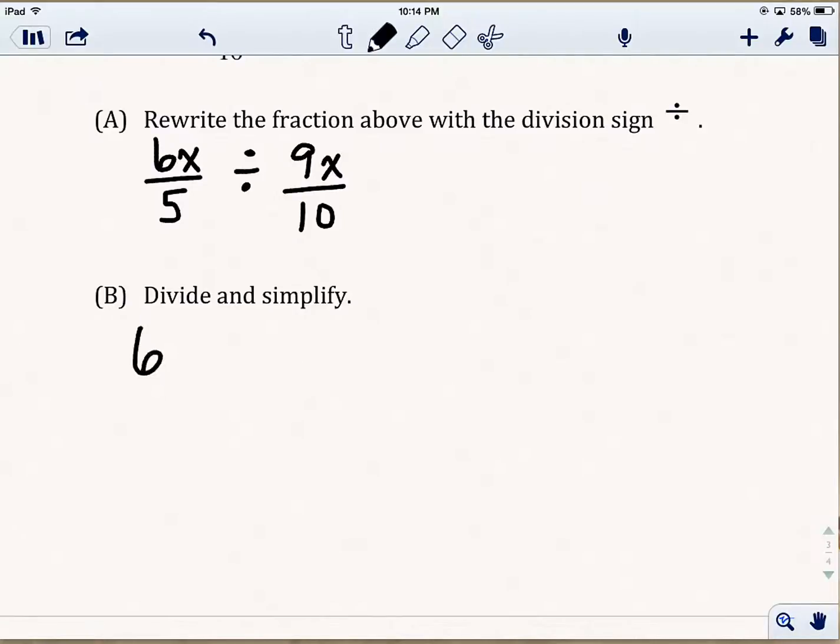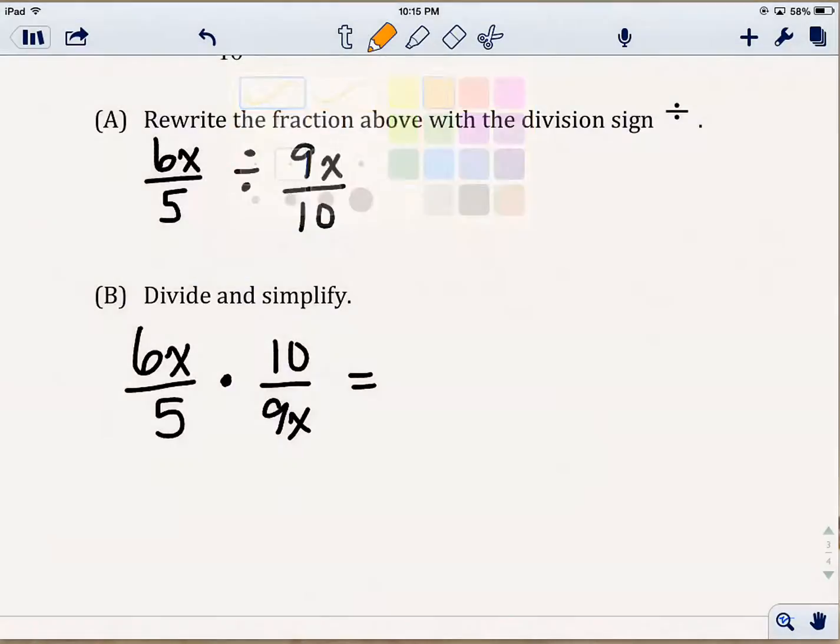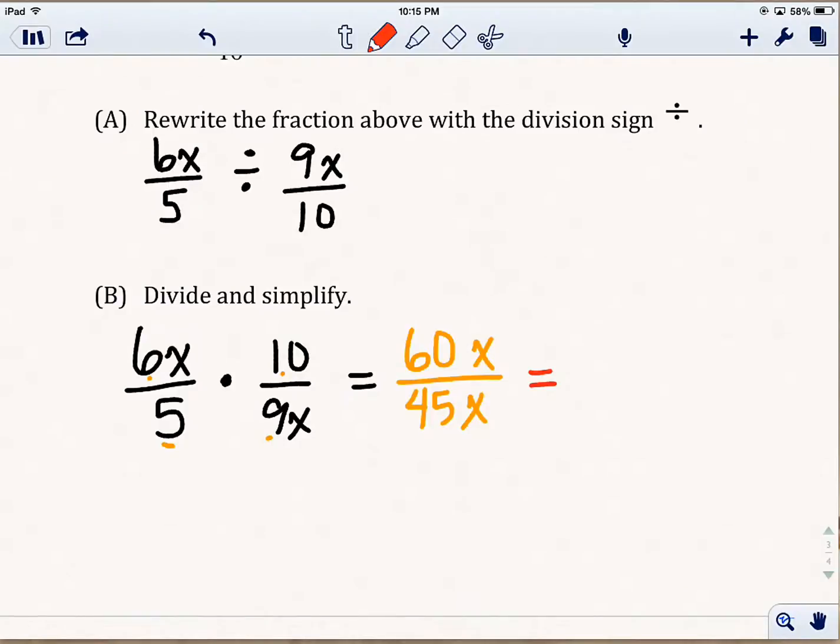So the rule for division by fractions is I multiply by the reciprocal of what I'm dividing by. So instead of 9x over 10, I have times 10 over 9x. So I'm going to multiply this. 6 times 10 is 60. X divided by 5 times 9 is 45x. So now I want to simplify this. I want to look for common factors, just like the previous lesson. 60 and 45 both have a 15 in common.